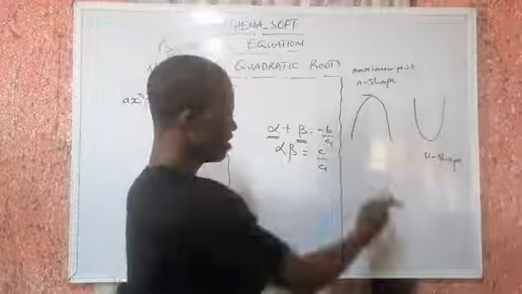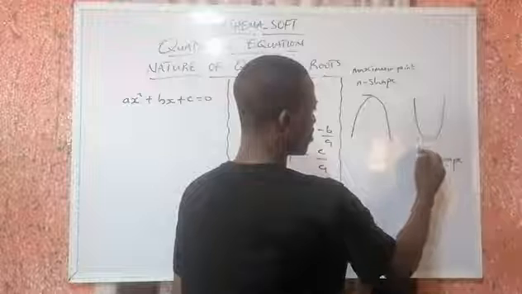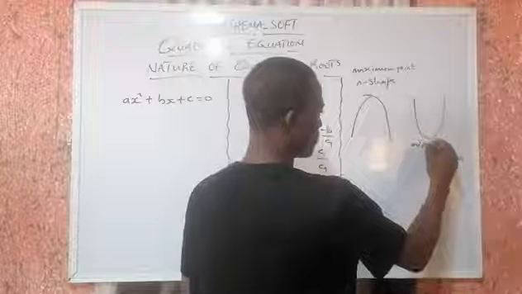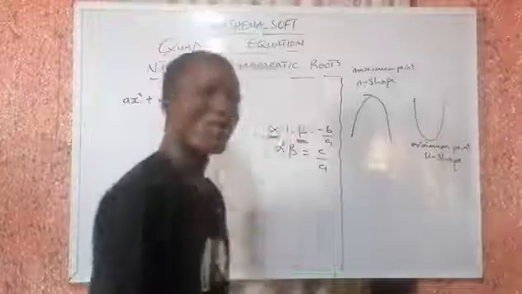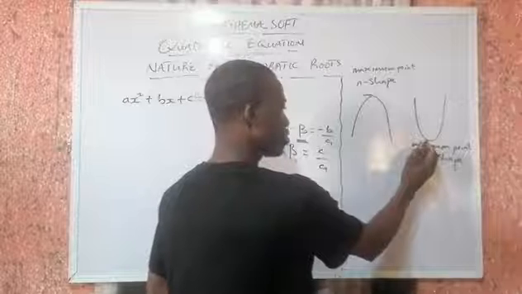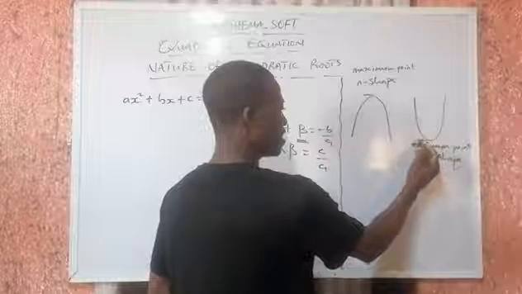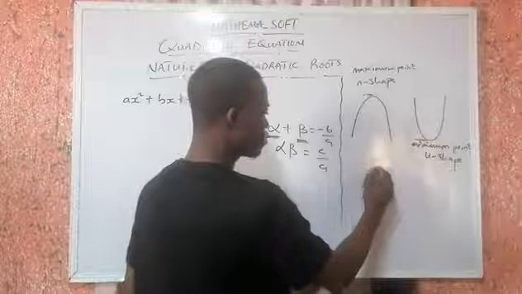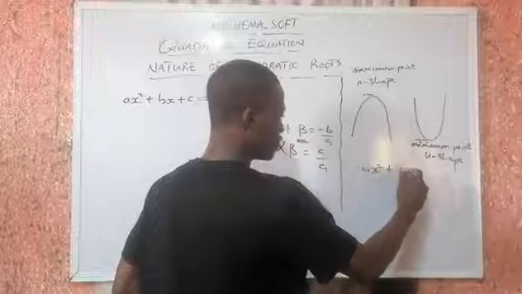And also, the U-shaped quadratic graph will also give us the minimum points. It is minimum because we can compare this U shape to a valley. So the minimum point can actually be gotten here, and then we can actually bring out our minimum value. So maximum, minimum.